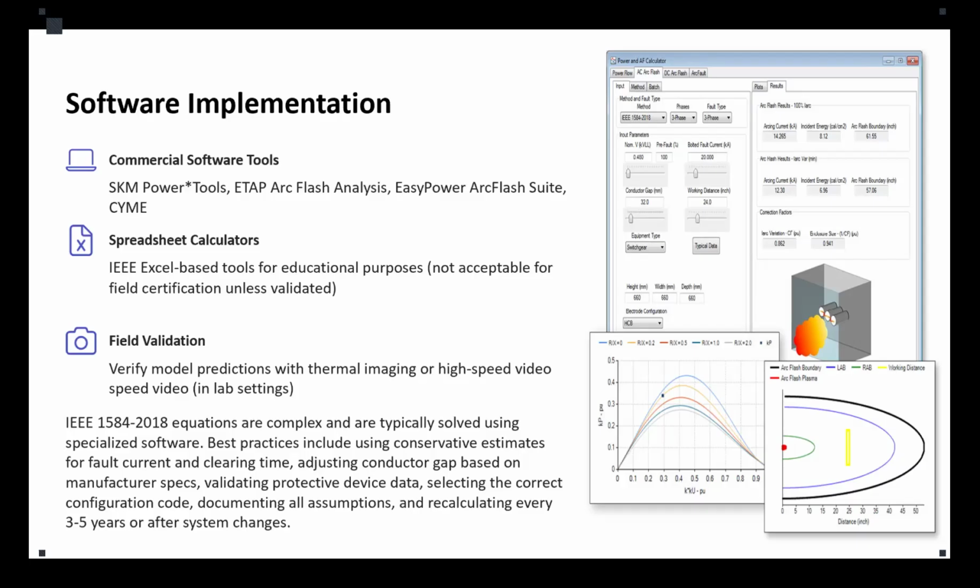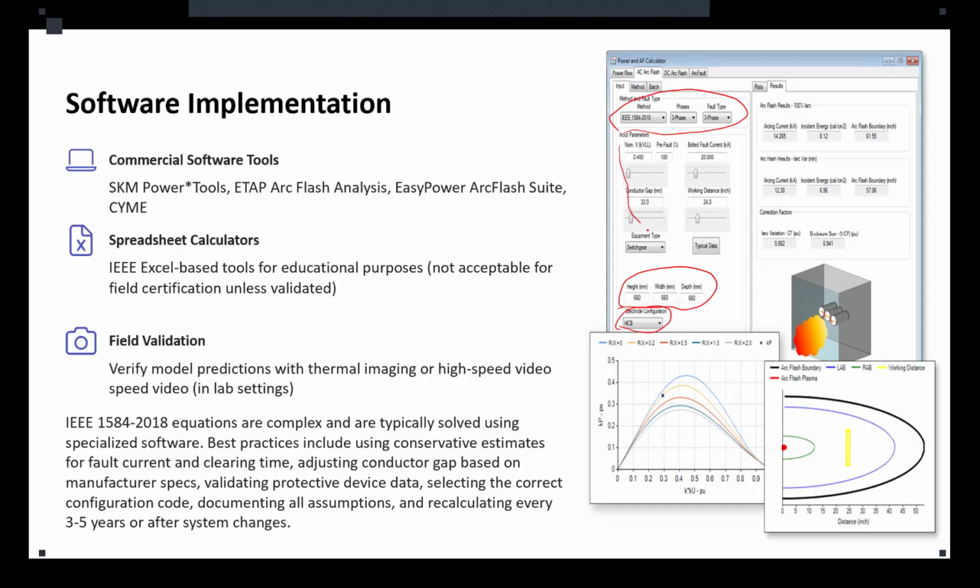Now, this is one of the examples. You can see you can have a configuration and an enclosure dimension. We have our fault method and our nominal values. The bolted fault, you see IBF. We have the voltage, the G conductor gap, and the D working distance.